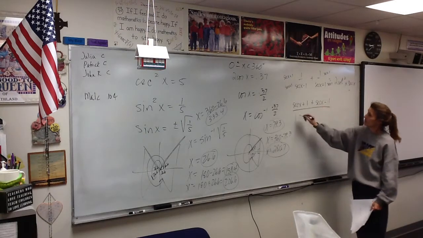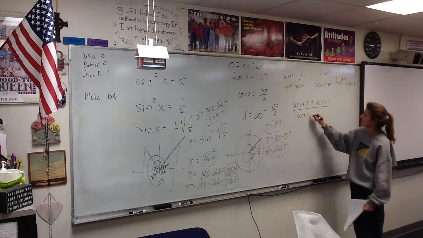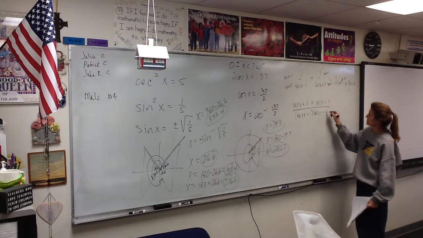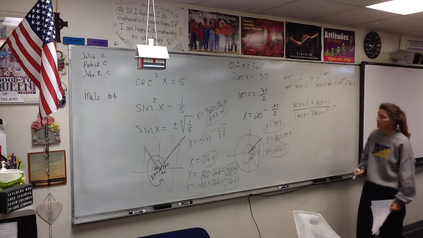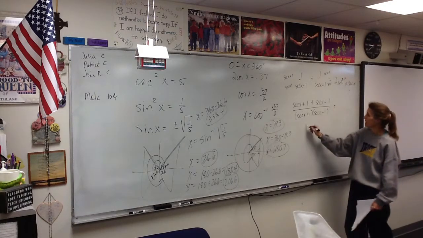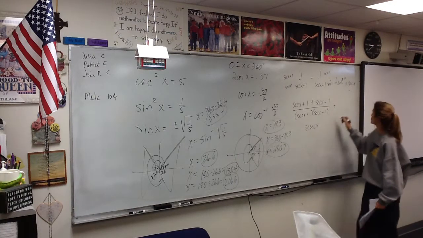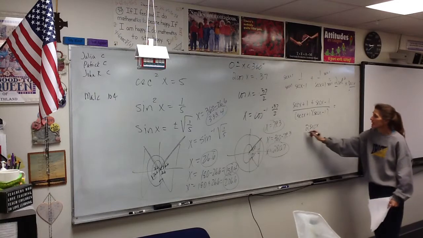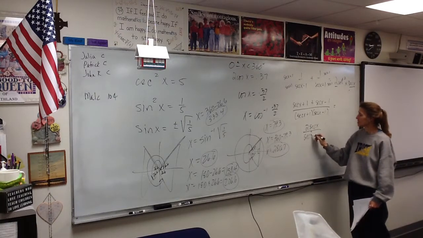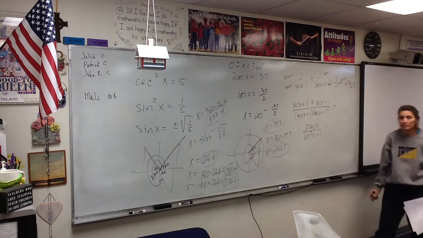And on the bottom, I have secant plus 1 times secant minus 1, which I am going to now simplify. So on the top, I have 2 secant, which is awesome. And on the bottom, I have secant squared minus 1.